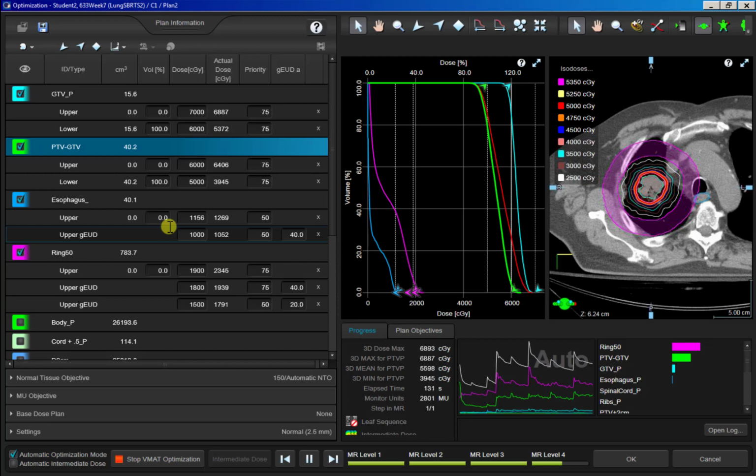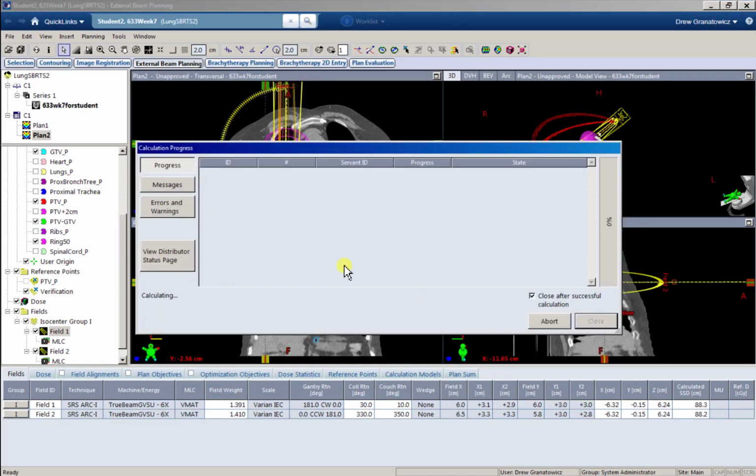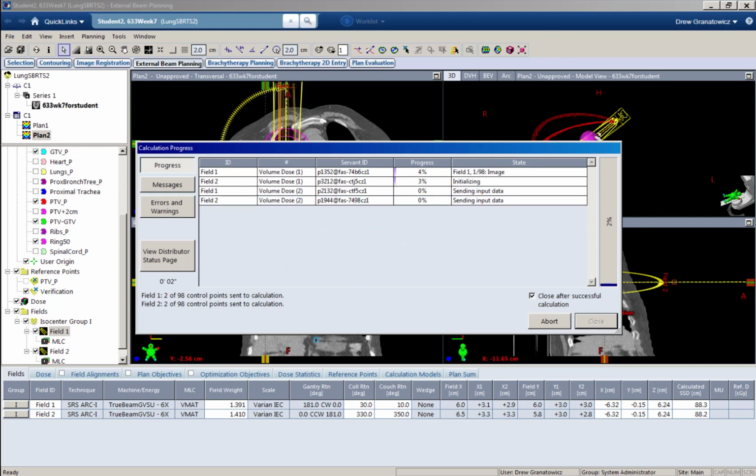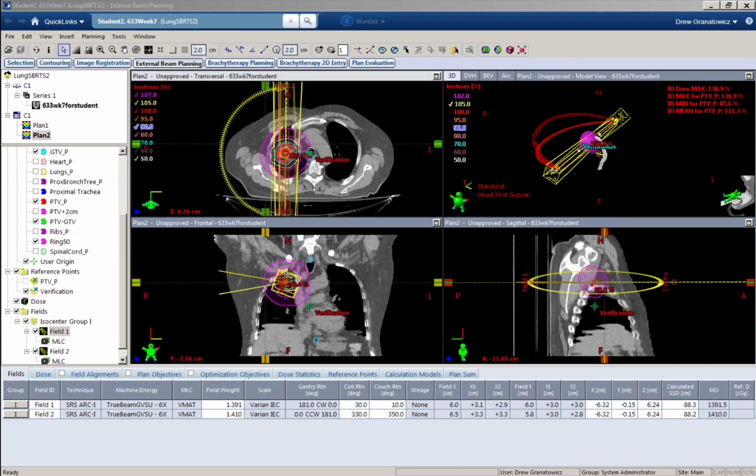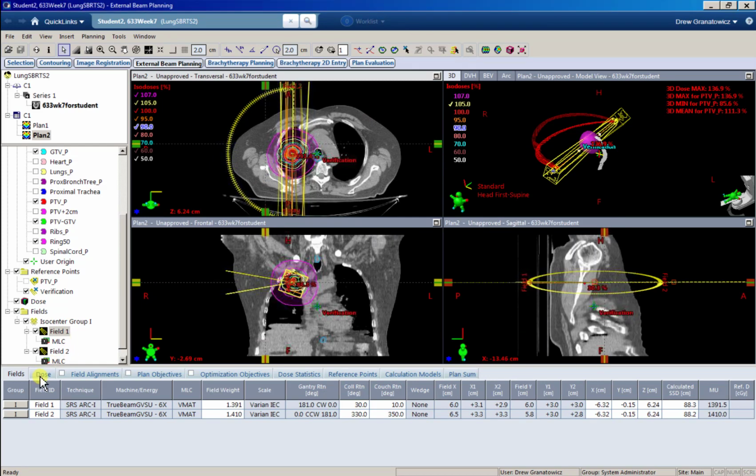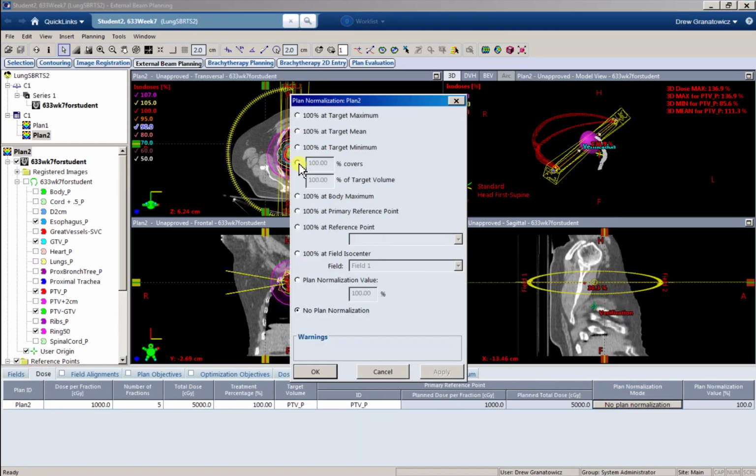All right, we'll let this calculate here and take a look. Okay, so the first thing I'm going to do is normalize to whatever coverage we want. Usually for SBRT, I'm doing something higher than 95, but it really just depends on what coverage you need, right?